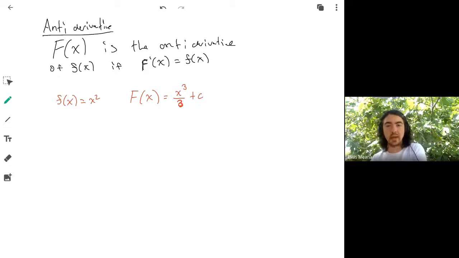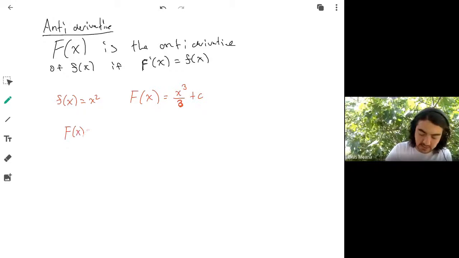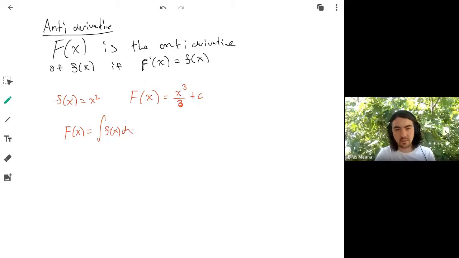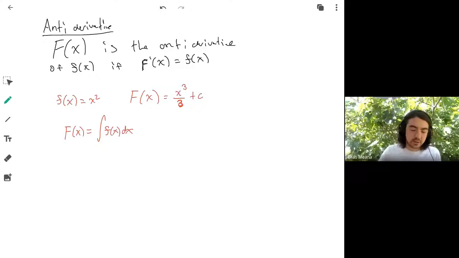And we were using some notation for this: big F of x is the integral, this little curvy thing, of little f of x. Does that make sense? This is just a recap, nothing new. Yes, makes sense. Okay, so this is going to be our notation going forward. This thing right here.